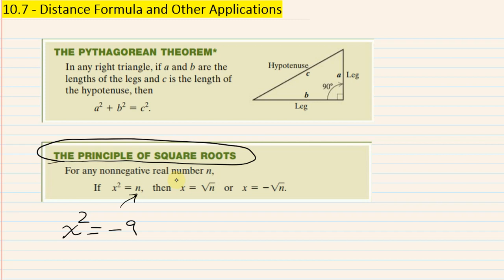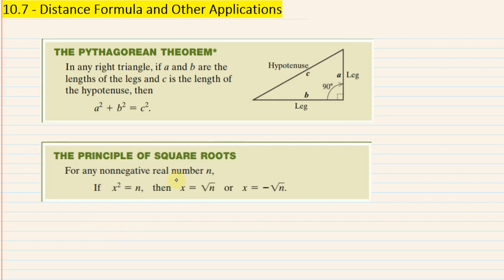So for that reason we have a non-negative real number. Now 9 would be fine, because the square root of both sides would be 3. So if you have a non-negative real number n, and you're given x squared equals n, then what this principle of square roots allows us to do is to take the square root of both sides.